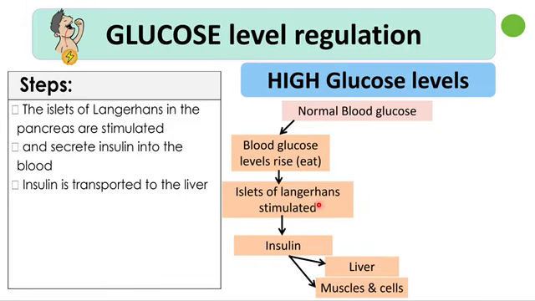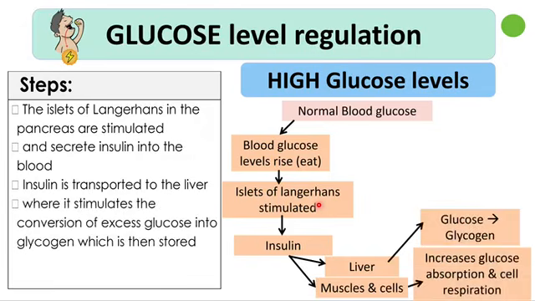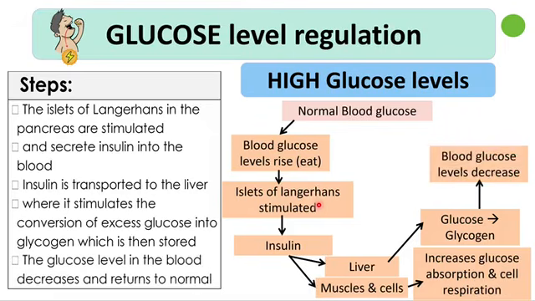So it's removing the glucose from the bloodstream into the cells, but the cell only has so much space. So it's going to package those glucose molecules into its polysaccharide form, which is known as glycogen. So it stimulates glucose to turn into glycogen, so it stores the glucose, and it removes it from the bloodstream into the cells. So now I will have a decrease of blood glucose level, and the blood glucose level will go back to normal.